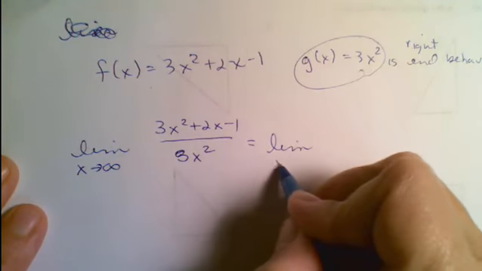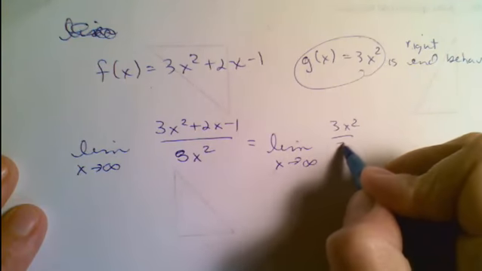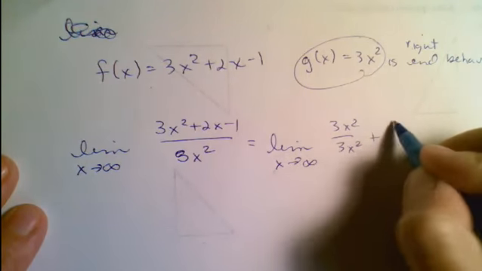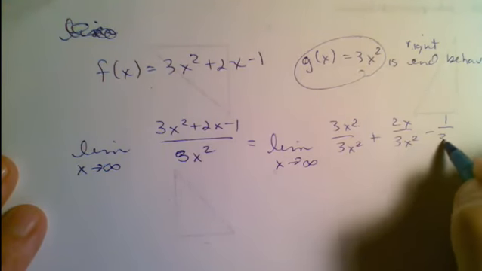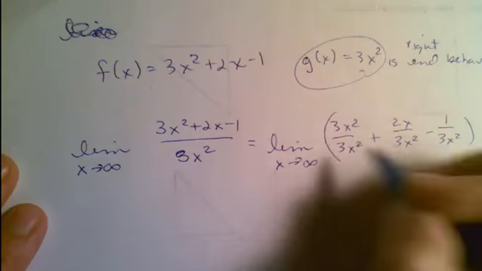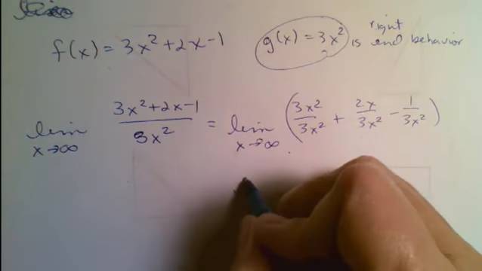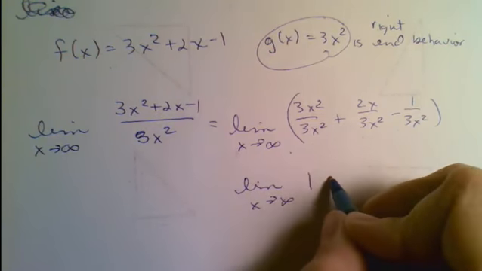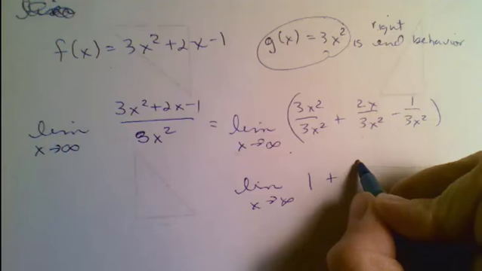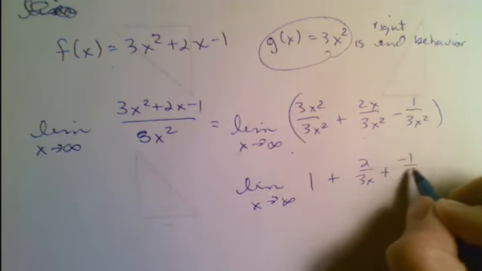Now, you cannot use end behaviors to prove end behaviors, so what we need to do is split it up and say we're going to look at 3x squared over 3x squared, and then 2x over 3x squared, and then minus 1 over 3x squared. We're splitting that up into 3 different pieces. Then I need to simplify each piece. So I get 1 here. Here I'm going to get 2 over 3x. And here I'm going to get negative 1 over 3x squared.